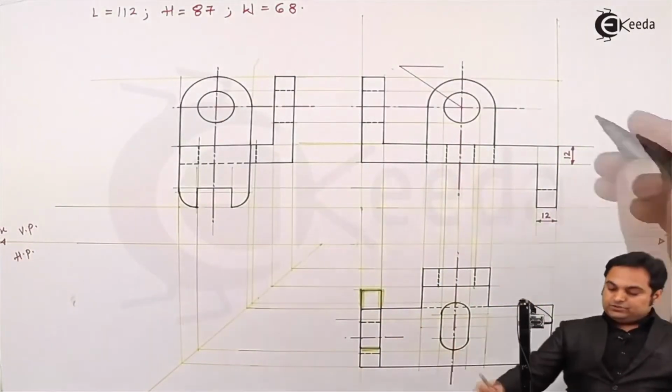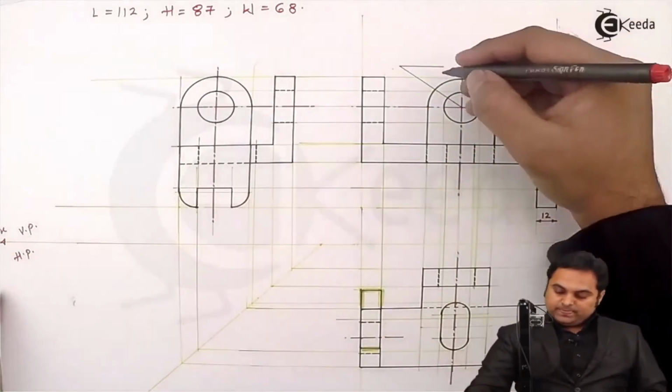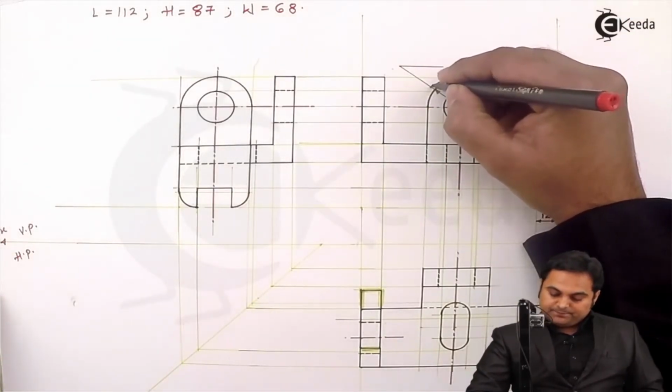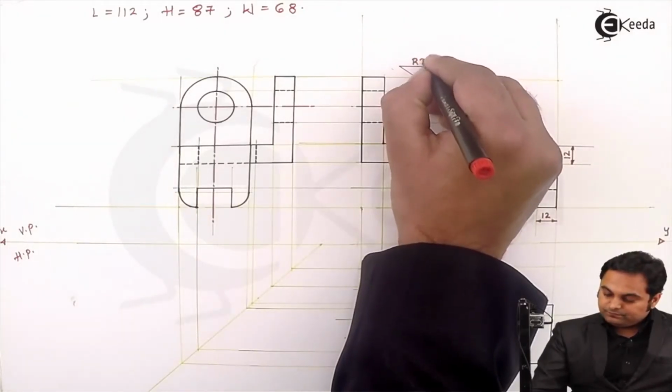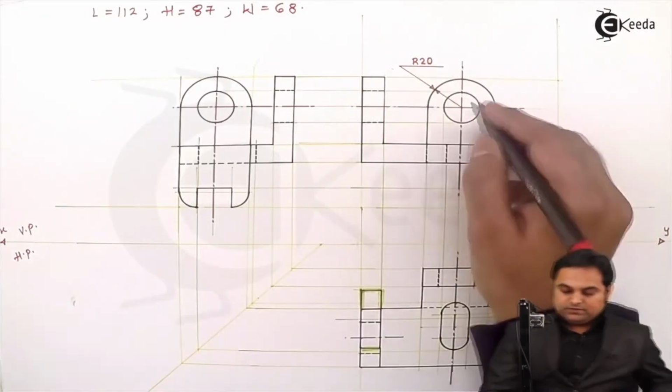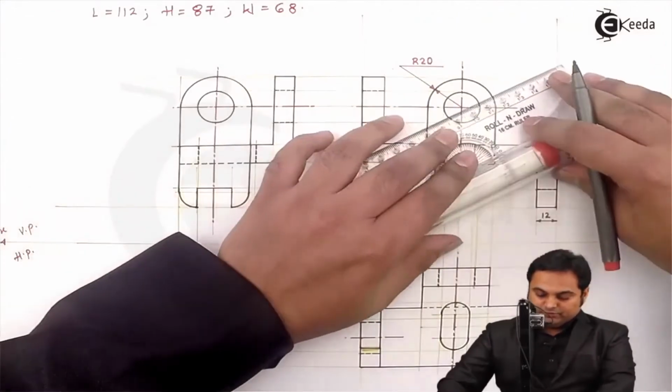Here the radius of this outer semicircle is 20, and the circle has a diameter of 22.